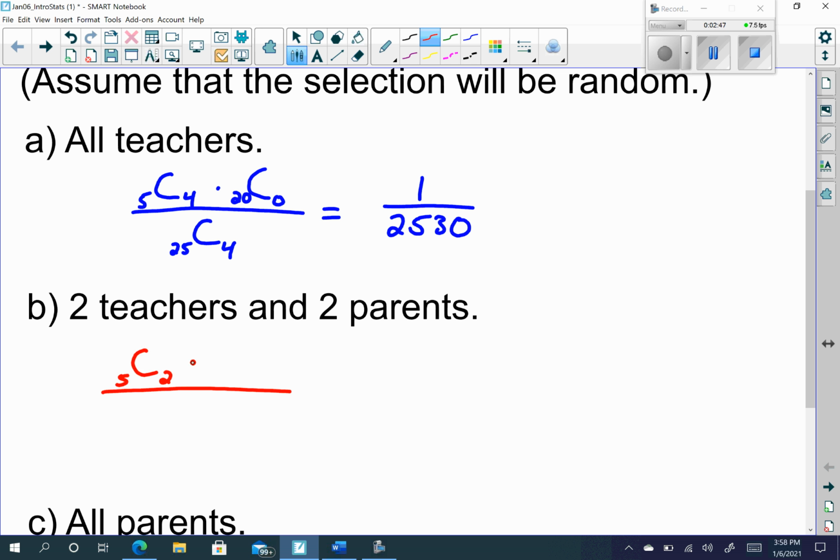We're choosing 2, and we want 2 parents from the 20, so a combination of 20, choose 2, and again, over a combination of 25, choose 4. Go ahead and calculate that. And hopefully you're getting 38 over 253.